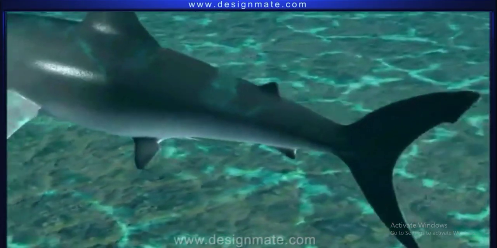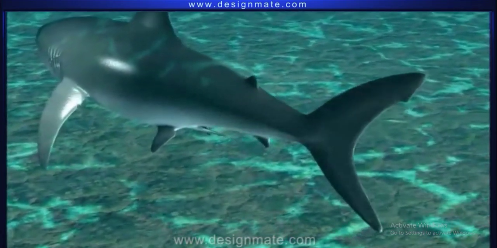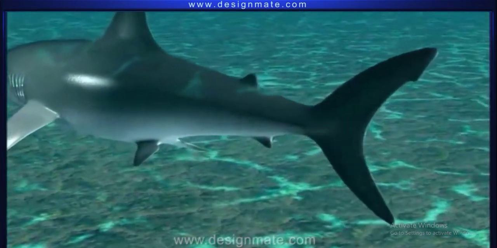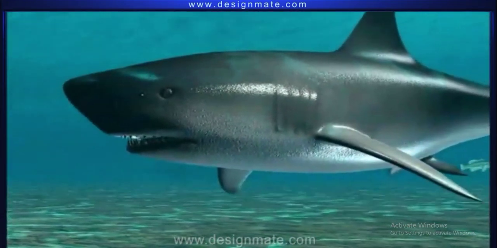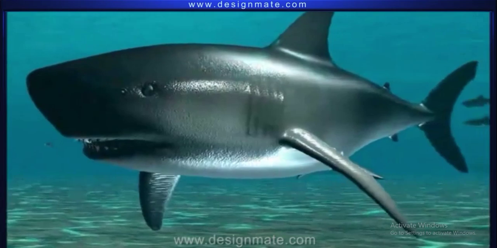The lobes of the caudal fin are uneven. The mouth aperture is located towards the ventral side of the head.